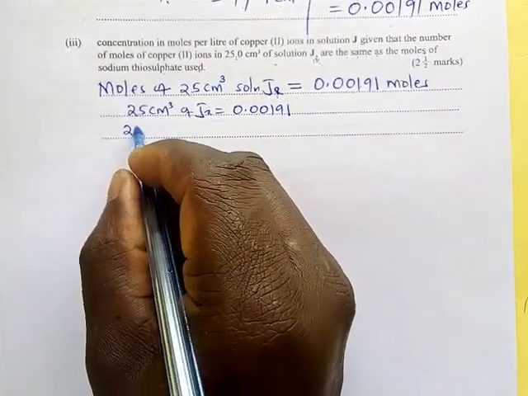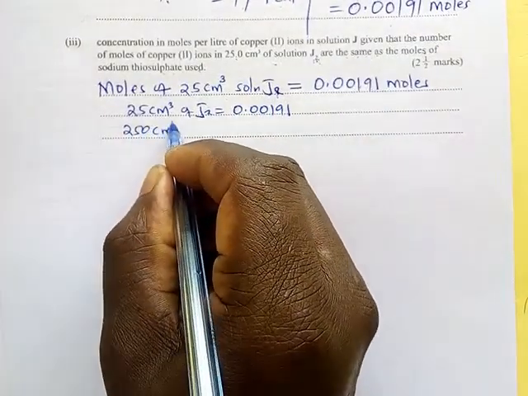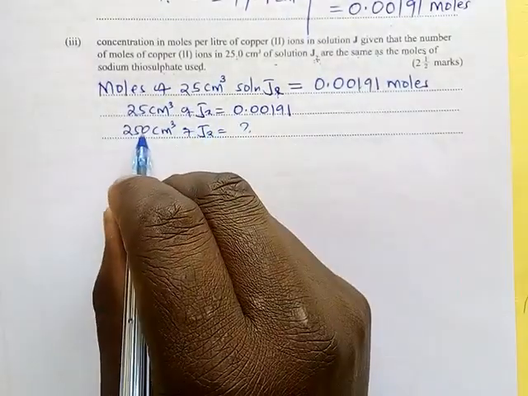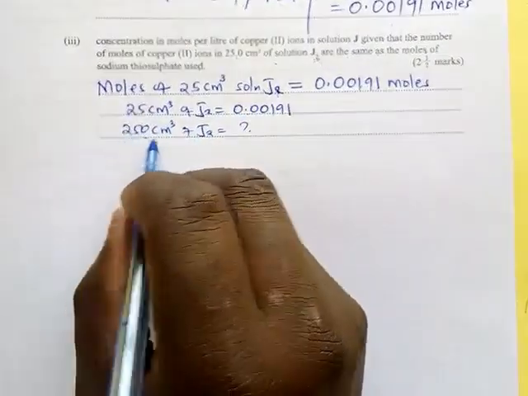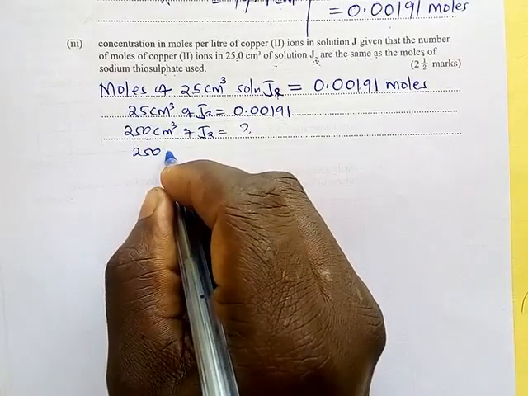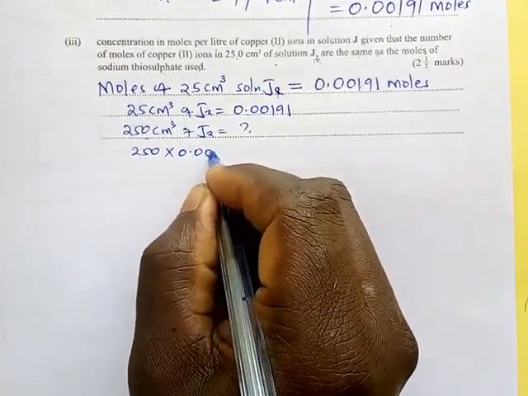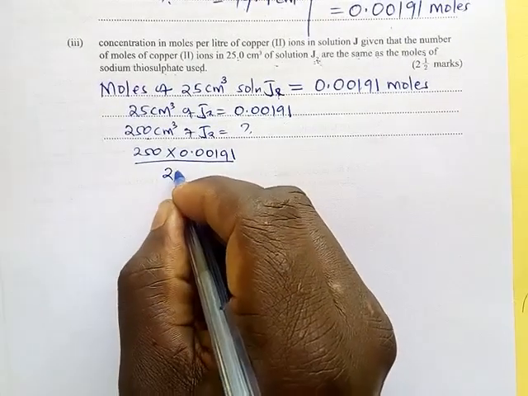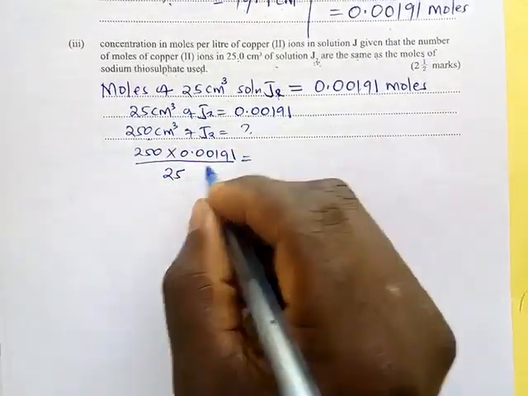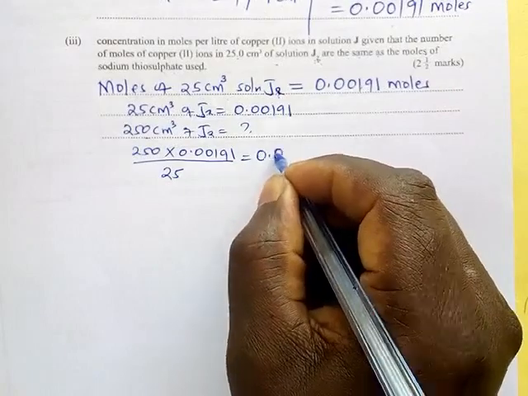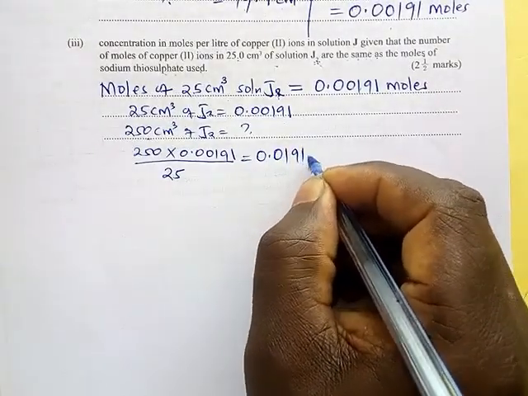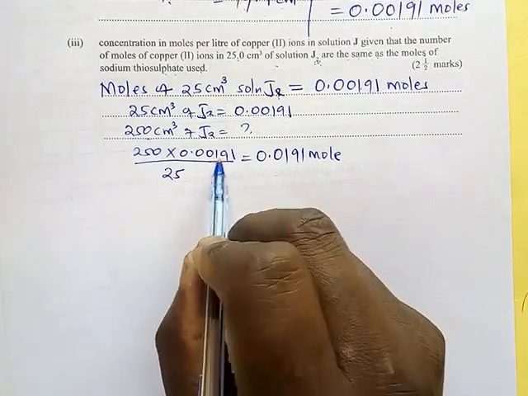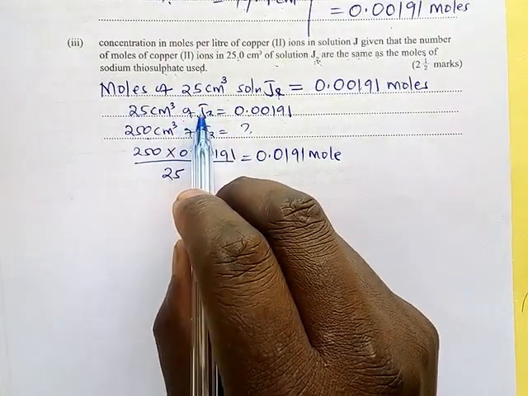Then we ask: 250 centimeters cube of solution J2 will be equal to what moles? We multiply this times it divided by this. So that is 250 times 0.00191 divided by 25. This will give us 0.0191 moles.